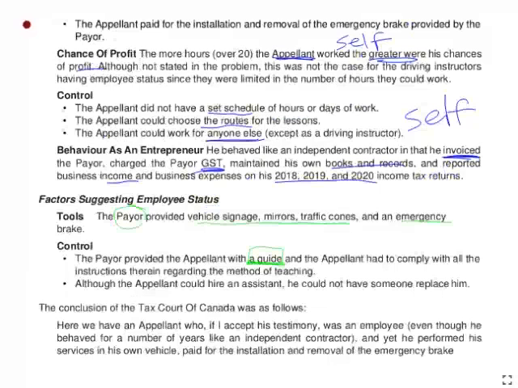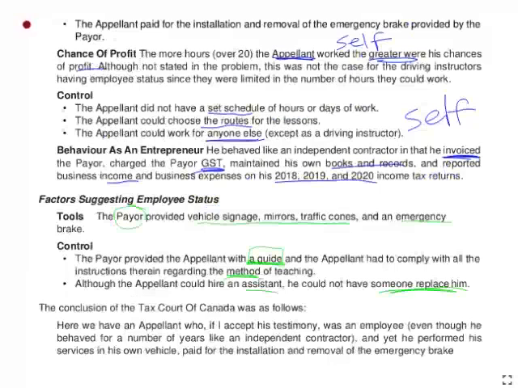So the methodology was under the control of the payer. So you were supposed to comply with that methodology. The appellant could hire an assistant, but couldn't have someone else replace him to do the actual training. Same idea as, you couldn't have someone else come flip the burgers at McDonald's, not without the express support of your employer.